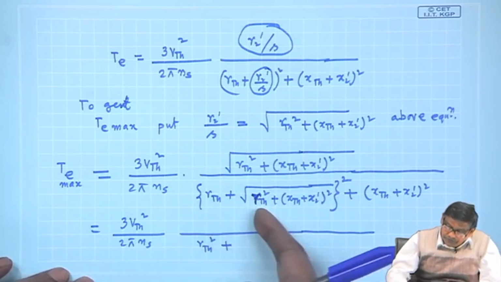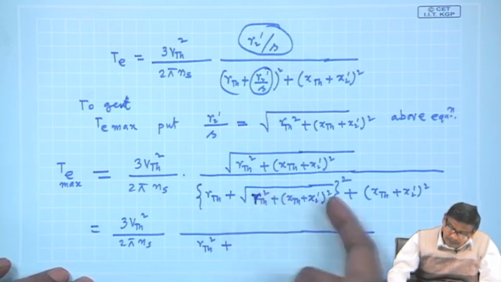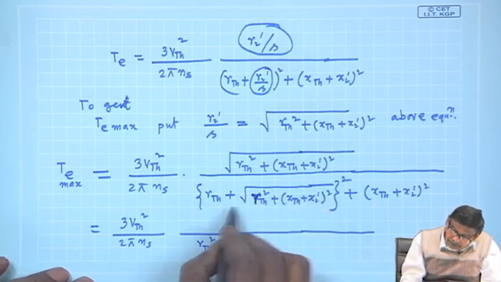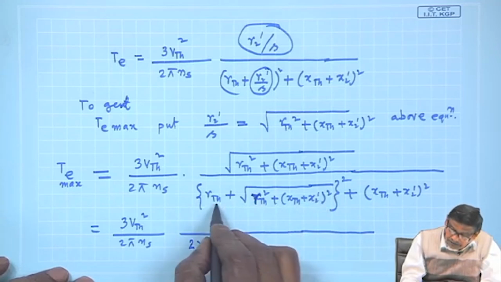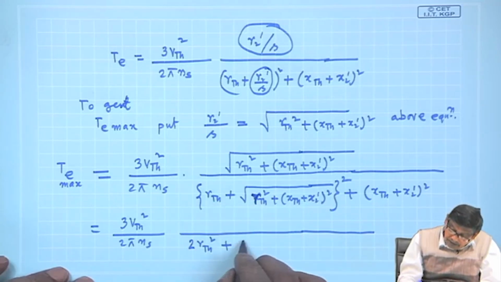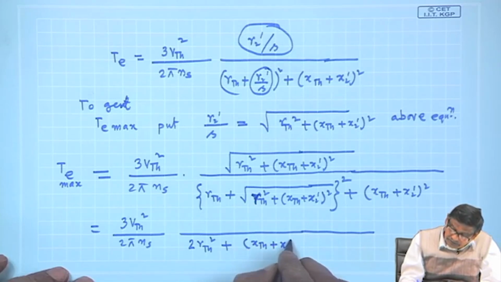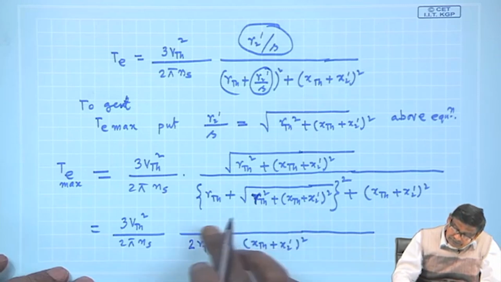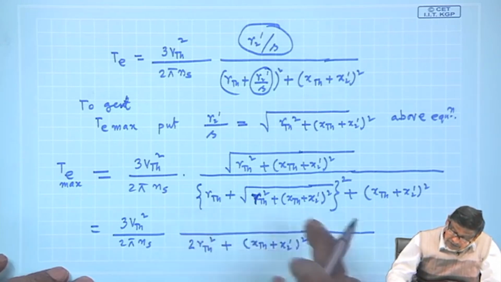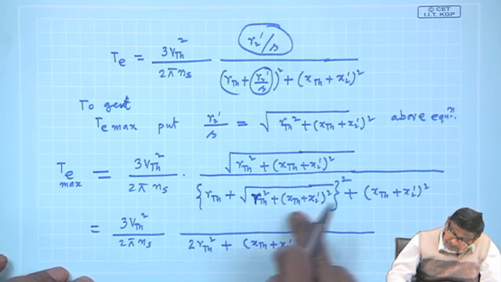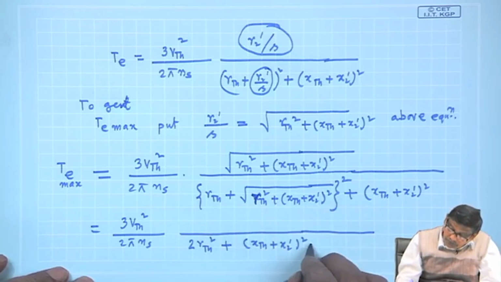So, if you remove this, A square plus B square will give you 2 R Thevenin square plus x Thevenin plus x 2 dash squared. So, this is A square plus B square plus 2 A B term.